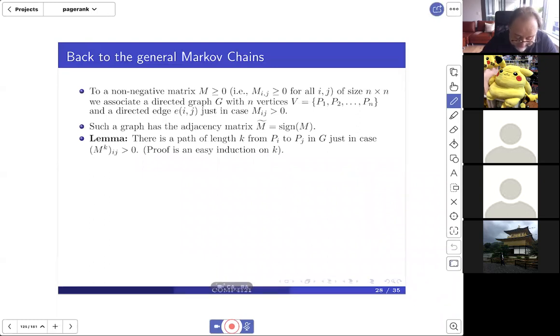Now, this adjacency matrix is very useful.